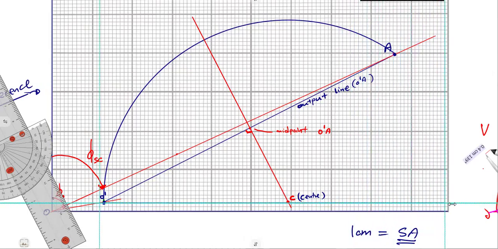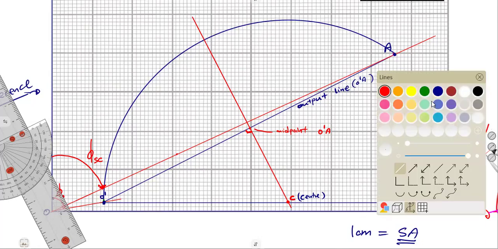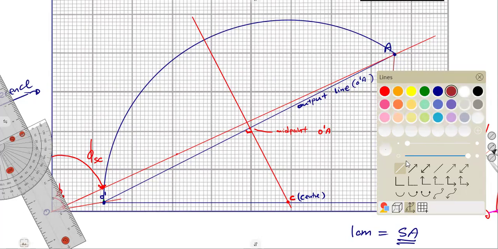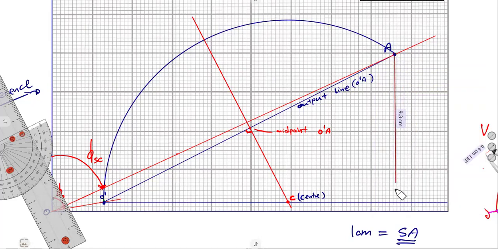If you extend that line from your graph, along that extended line, we take it vertically from A, straight going down. Let me increase this a little bit. So we take this one straight at A going down vertically, at 90 degrees.